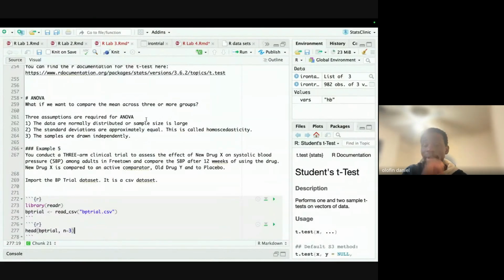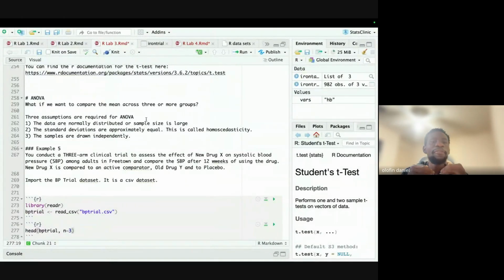Okay. All these tests we are working with are parametric tests, so they are distributional tests. If your data is not normally distributed, when you have a histogram and you see that the shape of the histogram is tilting to the extreme right or extreme left, that is not normally distributed data.